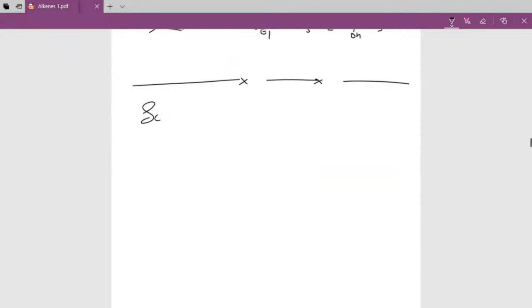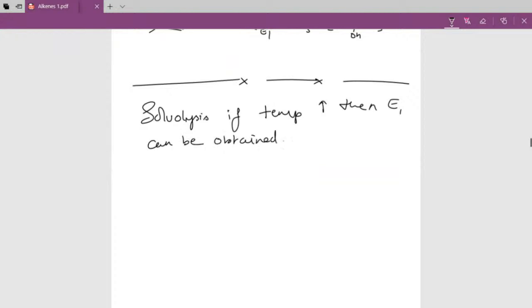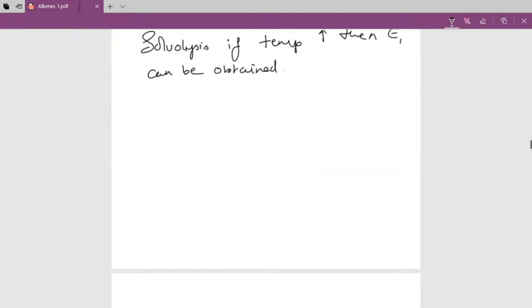Yes, during solvolysis reactions, if temperatures are maintained high, then E1 can be obtained. That is a possibility, but it can't be a very important reaction.